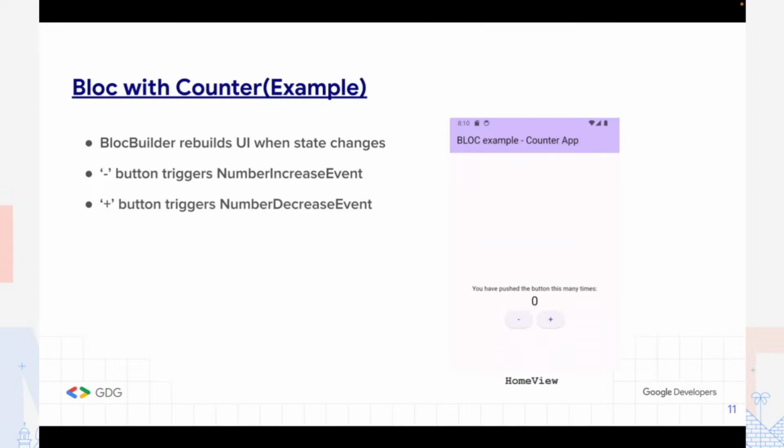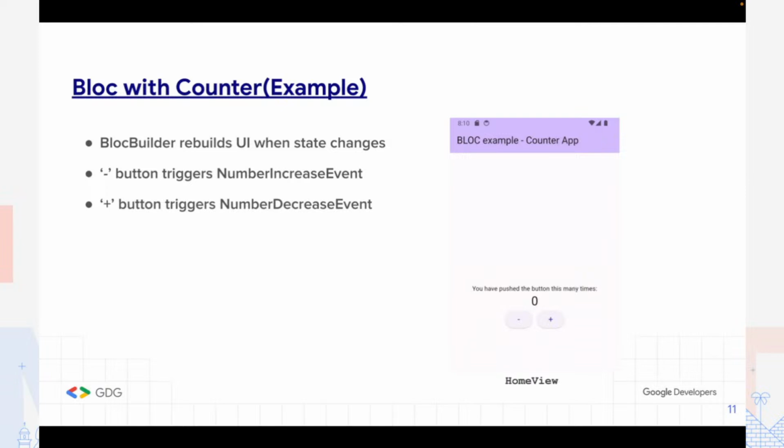And we also saw how we did not add any logic to the view. Any logic should only be written in the block class and not in the UI class. In that way, we can reduce the load on the application.